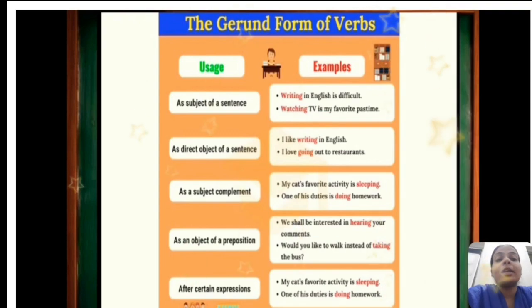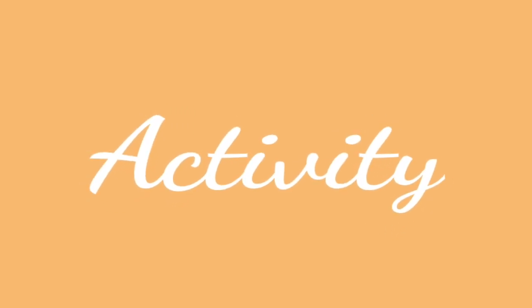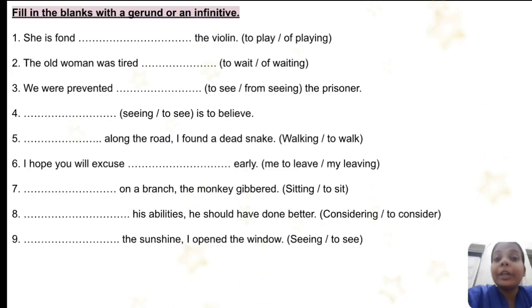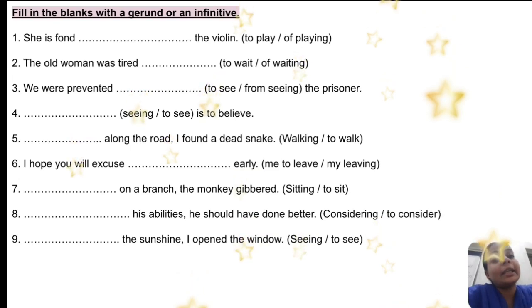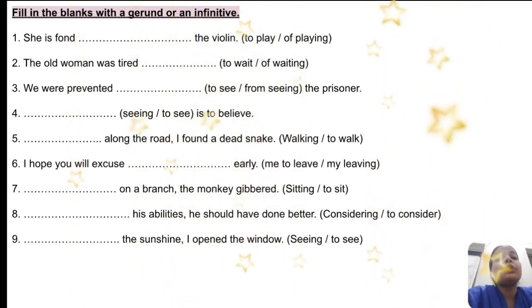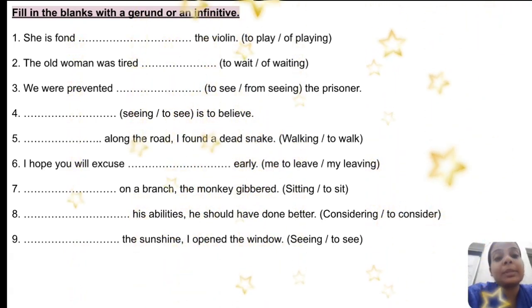Okay, so let's proceed to the activity of this session. Here is the activity where you have to fill in the blanks with a gerund or an infinitive. You have to choose the correct form of verb for the suitable sentences.